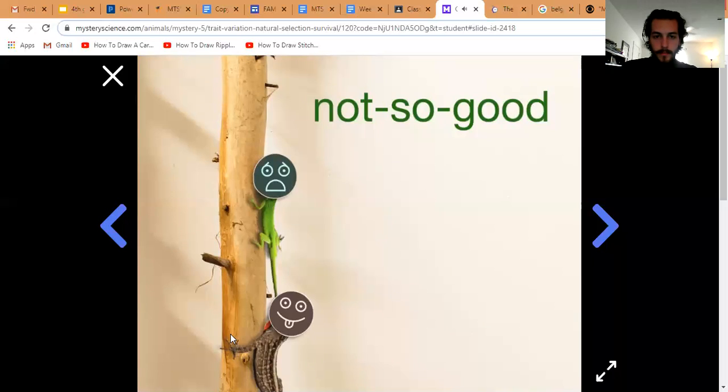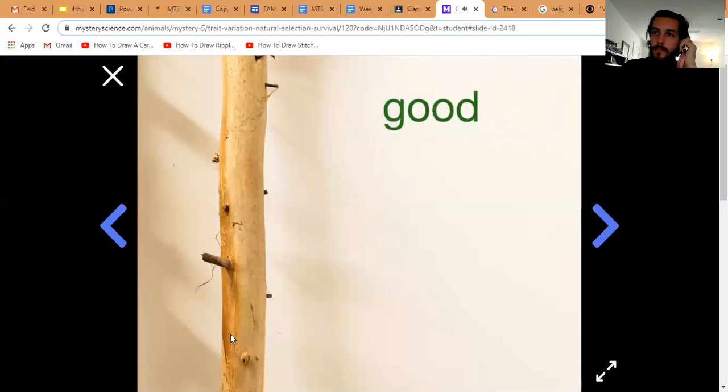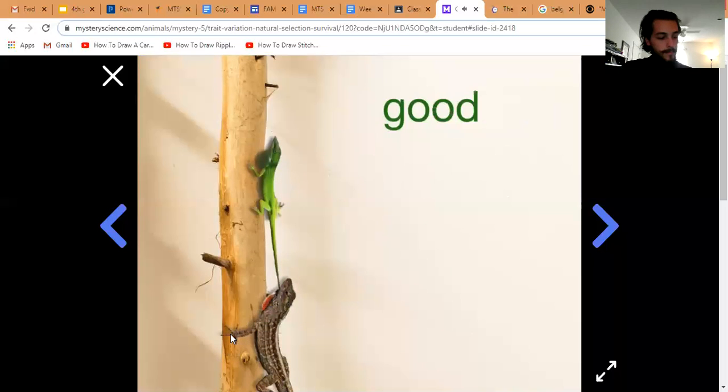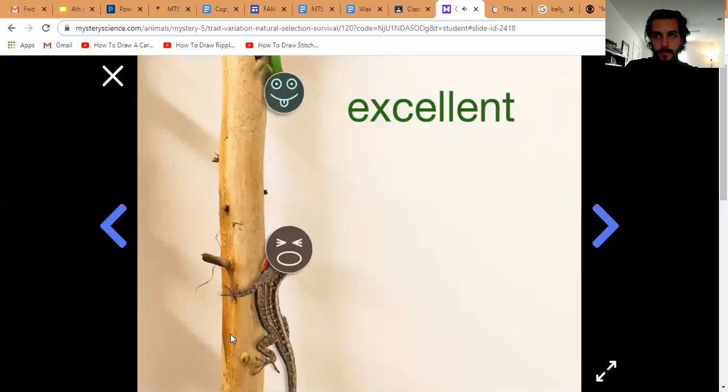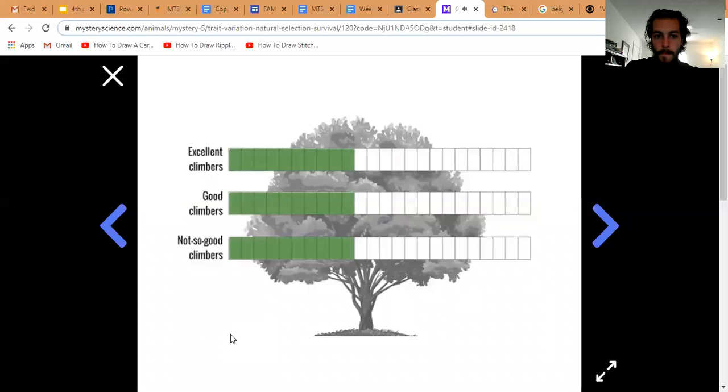But let's find out about the other lizards too. What about the group of green anoles that are the good climbers? Well, they were better at getting away from the brown anoles, but a few still got caught. Okay, and what about the group of excellent climbers? They climbed high and fast, and almost all of them got away. Okay, so let's get back to the game and see what this does to our graph.